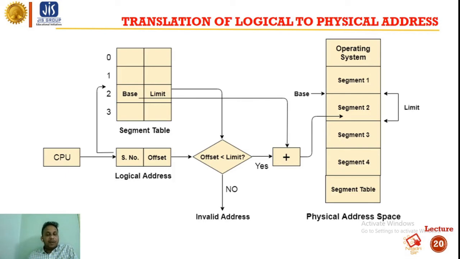One is frame number, one is frame offset. What is frame number? It is nothing but the number of bits that is required to represent the frames of physical address space, or frame number. And what is frame offset? It is basically the number of bits required to represent a particular word in a frame, or frame size of physical address space, or word number of a frame, or frame offset.